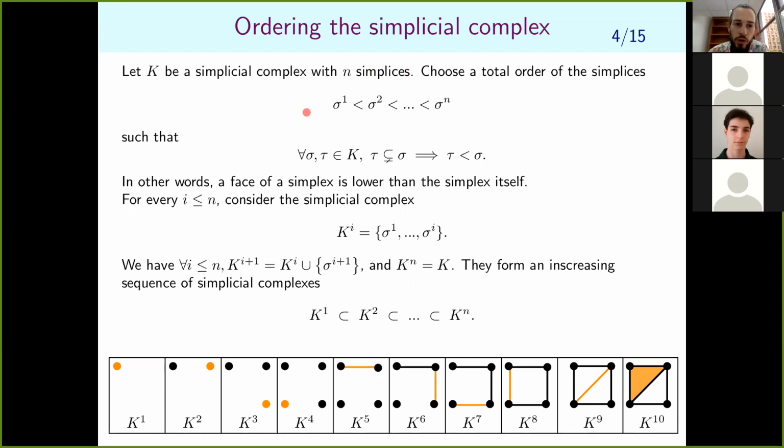I have to say which one is the first simplex, which one is the second simplex, and so on. And my ordering has to satisfy one axiom. I want that the face of any simplex appears before the simplex itself. So for instance, if I have an edge and the vertex of its edge, I want the vertex to appear before the edge.